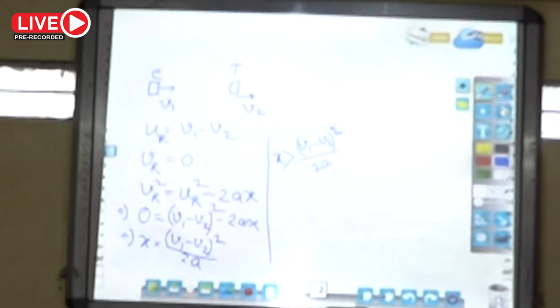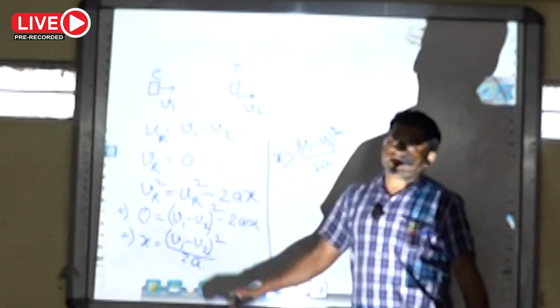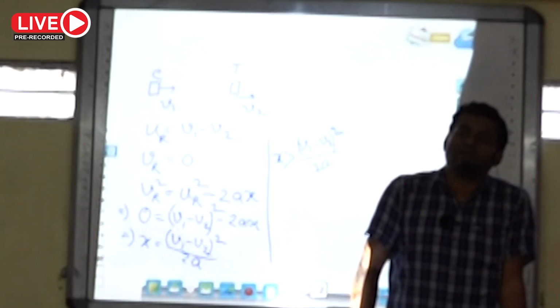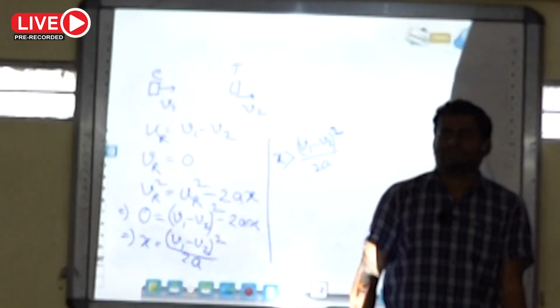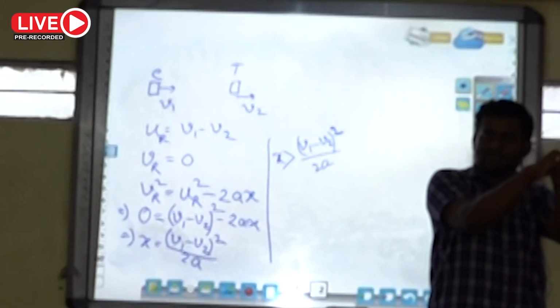If they touch each other, then they will cover this distance. And if the distance given is greater than that value, then the cars will not touch each other. If it is less than that, then there will be smashing.